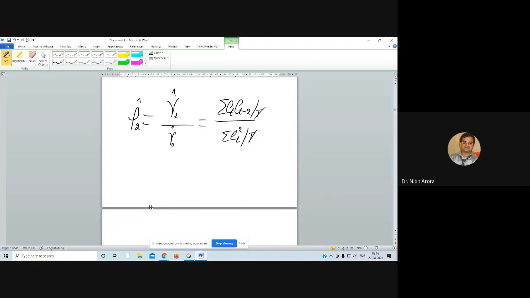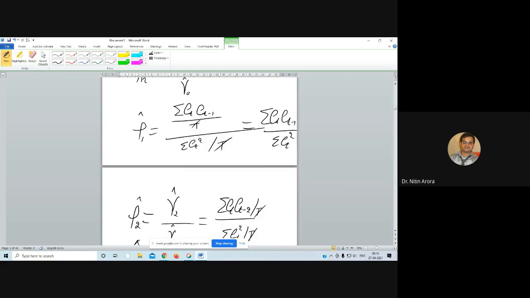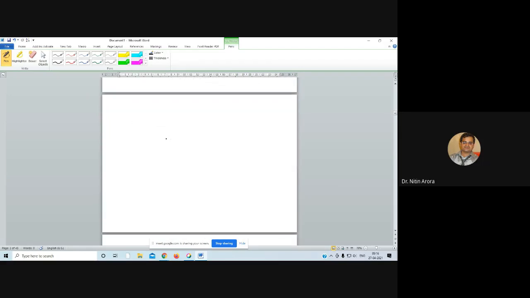So for each lag we can compute. For the third lag we can compute rho 3 cap like this, and so on. But this is called the autocorrelation function. We can say that this autocorrelation is a function of lag k.